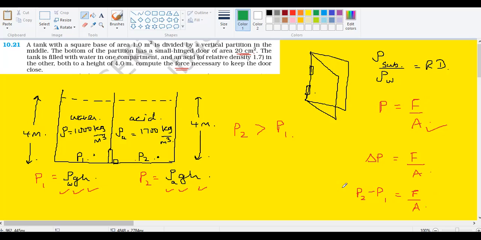It means this can be found from here, and then this is given. Don't forget it is given in centimeter square, which means 20 centimeter square, you have to do 10 power minus 4, right? Centi is 10 power minus 2, square means it will be 10 power minus 4.